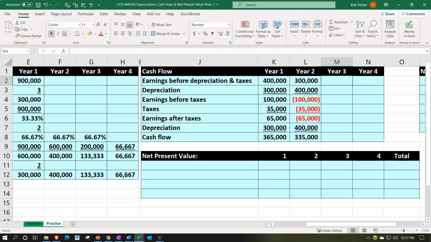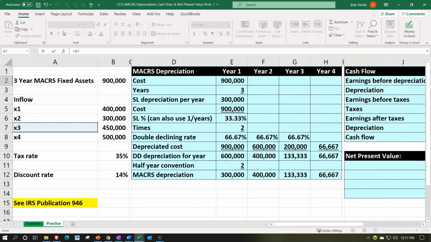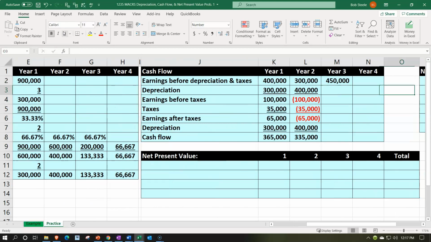Let's do it again for year 3. We're going to say year 3 is going to be equal to the inflow of the 450,000. We had the depreciation calculated over here in our table at the 133,333, underline, font group, and then underline. That's going to be equal to the 450 minus the depreciation for taxes.